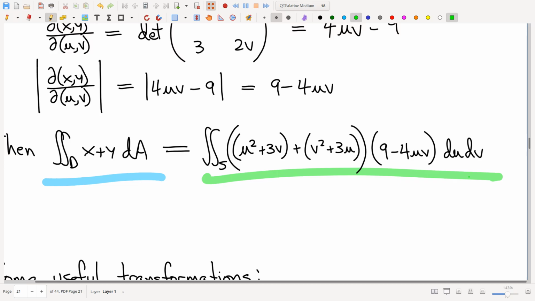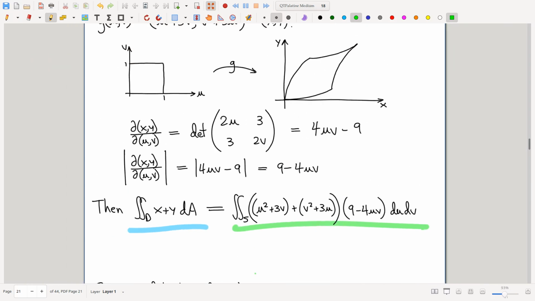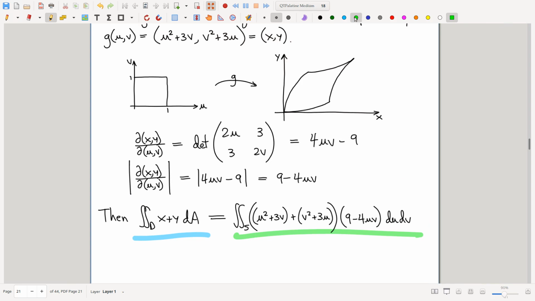Fair. But you look at the domains, and it is no contest. This integral here is on a great domain, and this seemingly, superficially better integral is on a much less desirable domain.